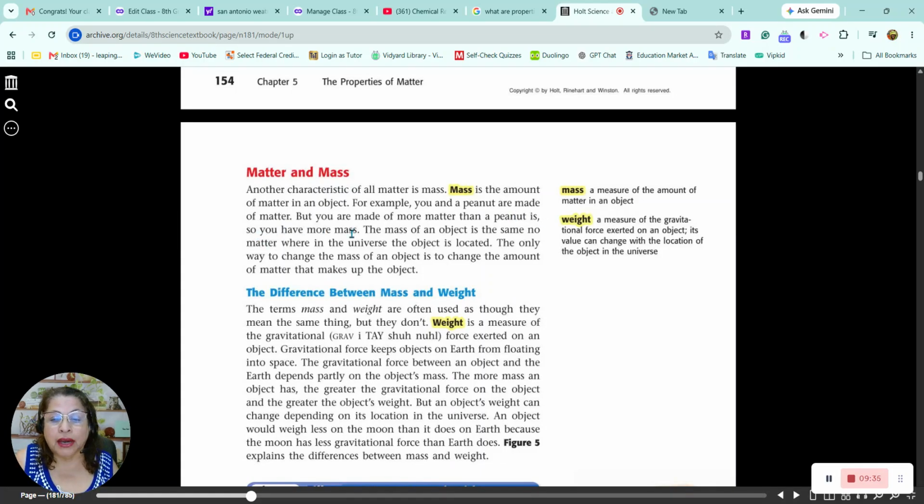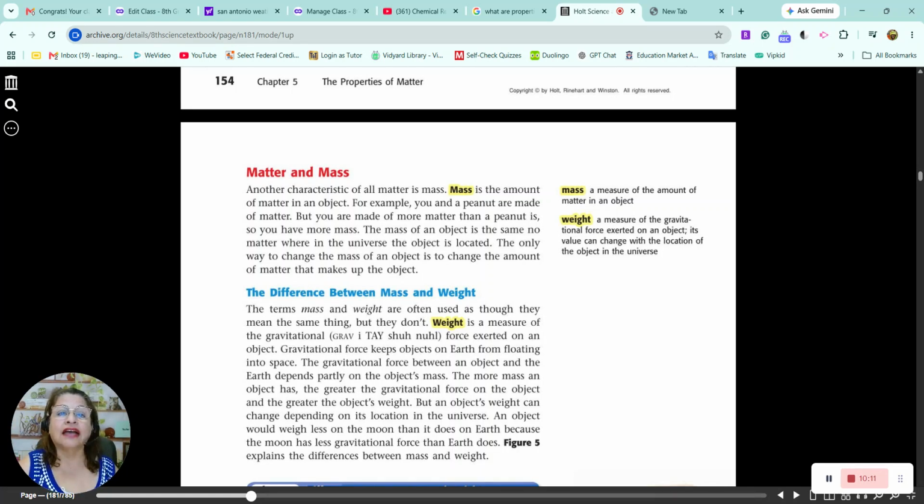It's kind of like comparing this battery, looking at size, versus this bottle of water. The battery has smaller mass than the bottle of water, right? But weight, on the other hand, is the force exerted to keep the bottle from floating away.